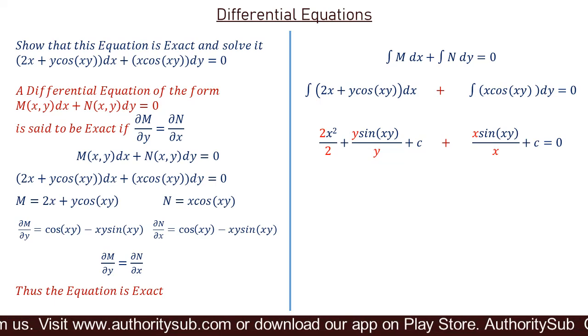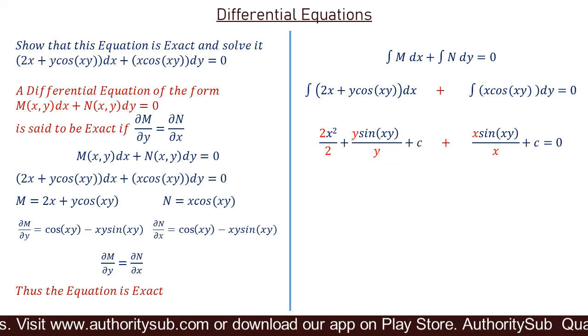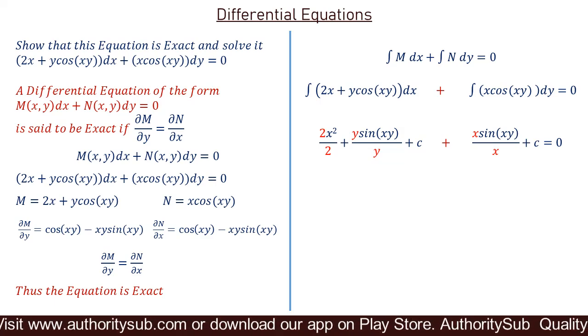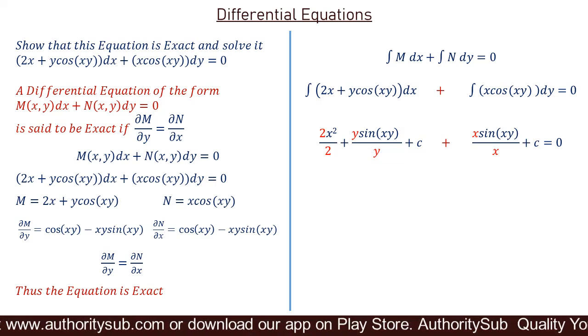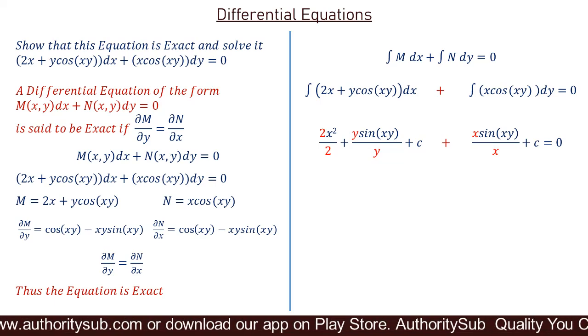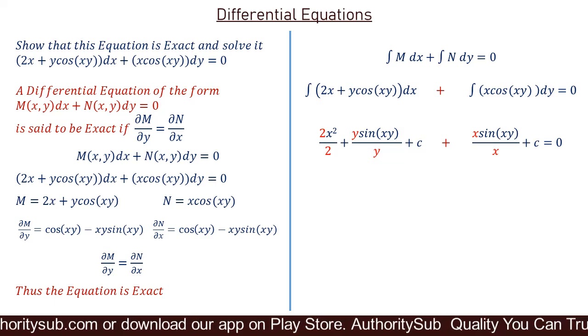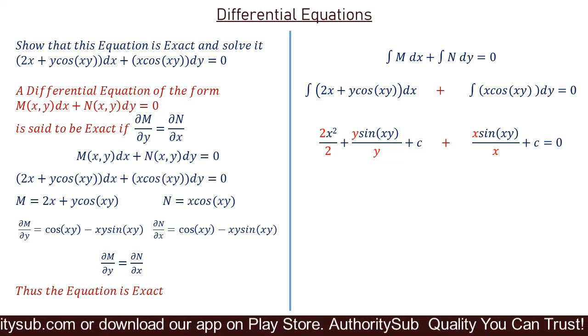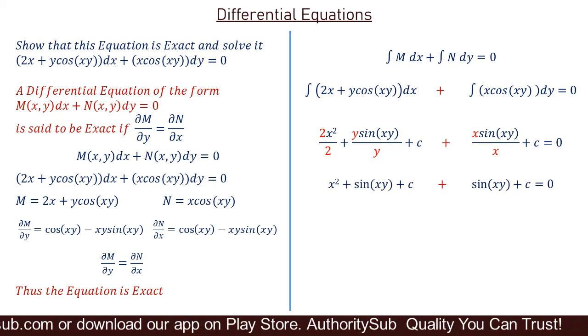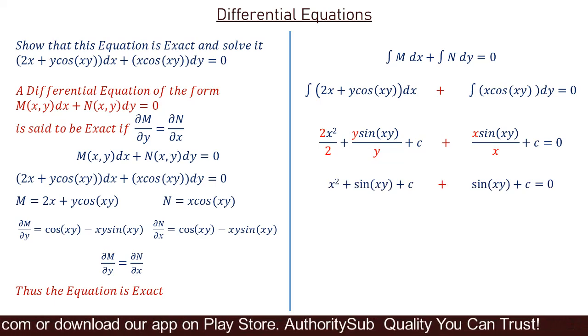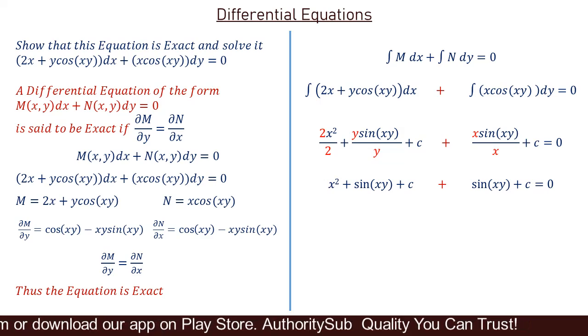Plus c. Then the other part of the integral, integrating x cos xy with respect to y, we're going to have x sine xy all over x. Then we have plus c, right? Good. Let's simplify. We're going to have x squared plus sine xy plus sine xy plus c.